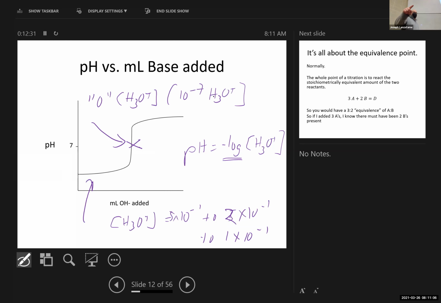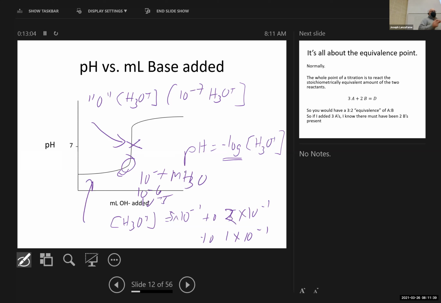And so near the endpoint, there's very little, right? So when I'm over here, I'm now 10 to the minus 7 molar hydronium, and a little bit earlier, I'm 10 to the minus 6, and I'm 10 to the minus 5. Very little amounts of hydroxide are making factors of 10 change in the acid left, which is why you get that really sharp rise near the endpoint, right?